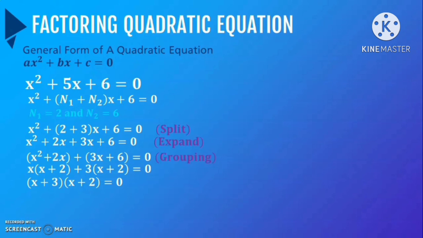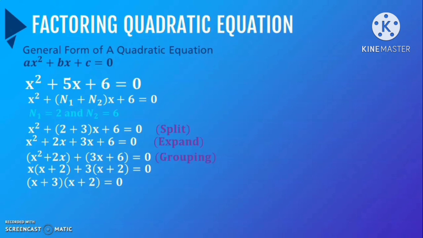If you understood this concept of factoring, then finding the roots of a quadratic equation is very easy. We have already seen how it factorized, and we can write this as x plus 2 times x plus 3 equals 0. Now I want you to think of it logically. When the product x plus 2 times x plus 3 is equal to 0, what can be implied?